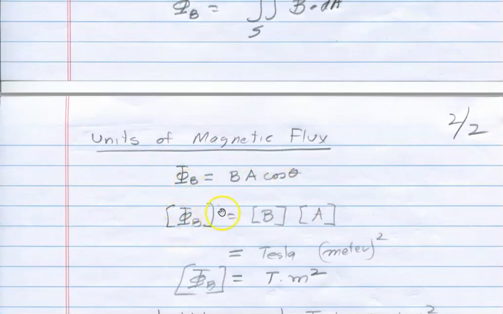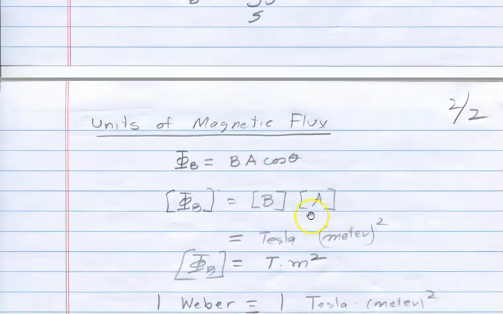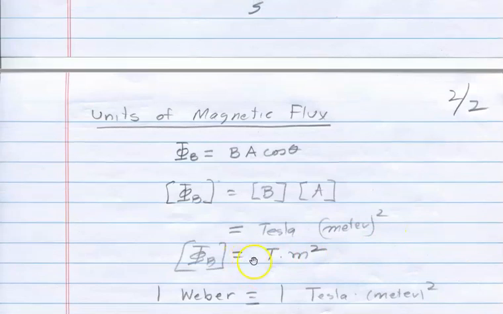So the units of magnetic flux is going to be units of magnetic field times the units of area; cosine is dimensionless, so no units there. Areas are always length times width, which turns into meter squared. And so the unit of magnetic flux is the Tesla meter squared, or T times meter squared. I usually just leave it in that form most of the time. To me, that's much more informative.